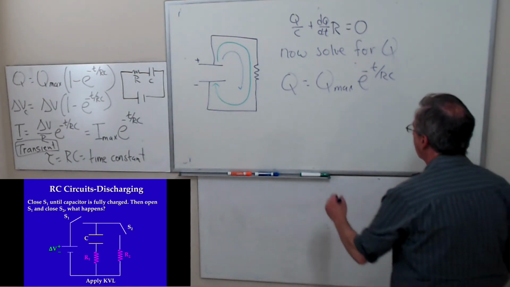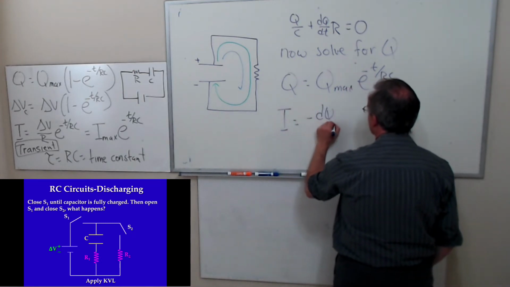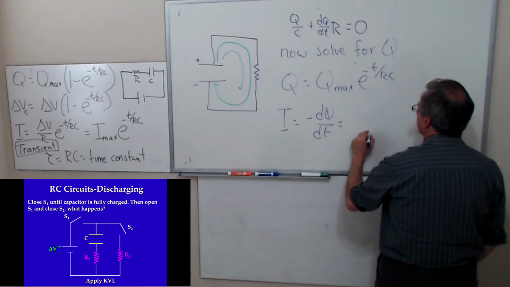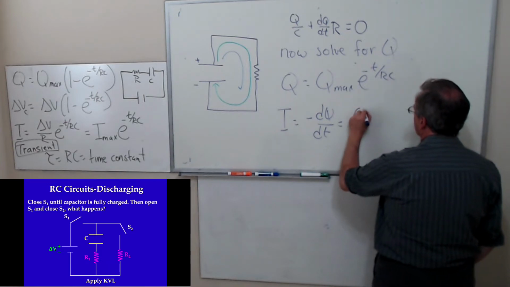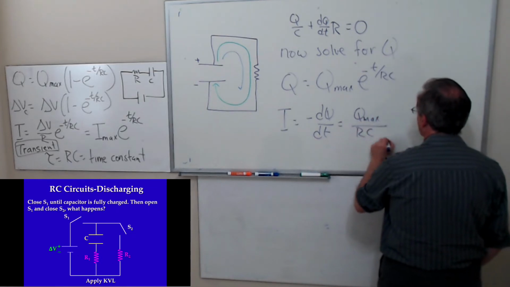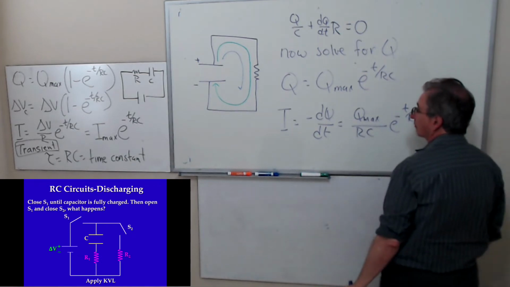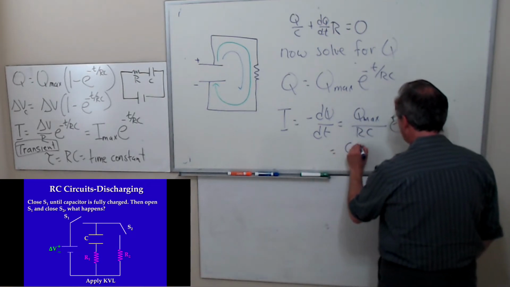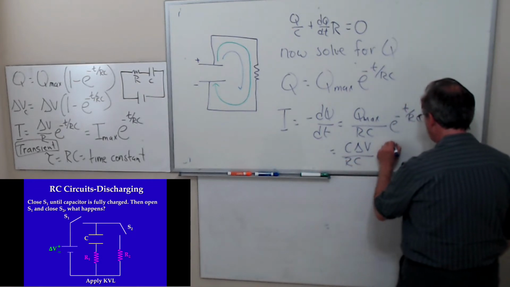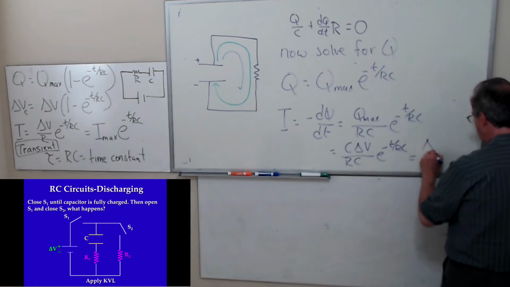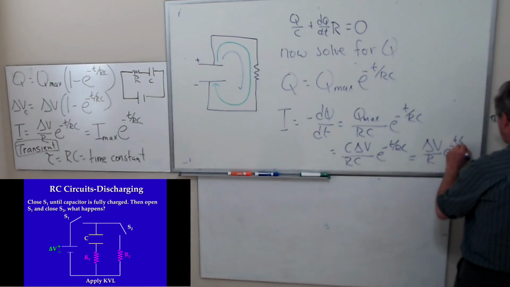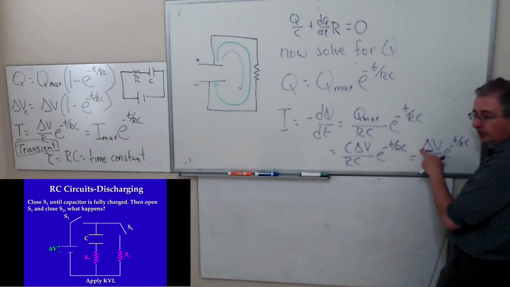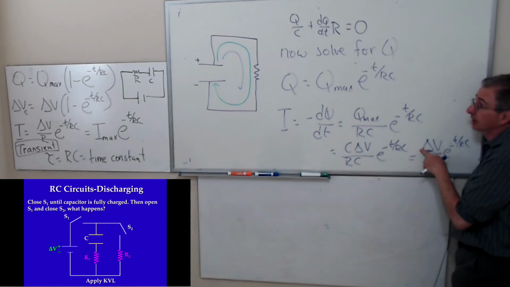Okay? And then I, which is minus dq dt, is going to be, well, Q max is usually delta V, is C delta V. So I will say this, sometimes books will put a minus sign in front of here just to say that the capacitor is discharging, but then that's inconsistent with this equation.